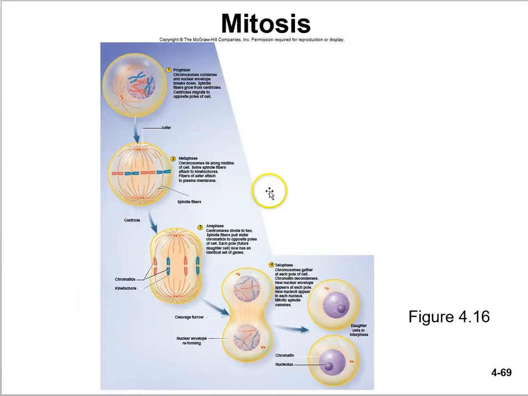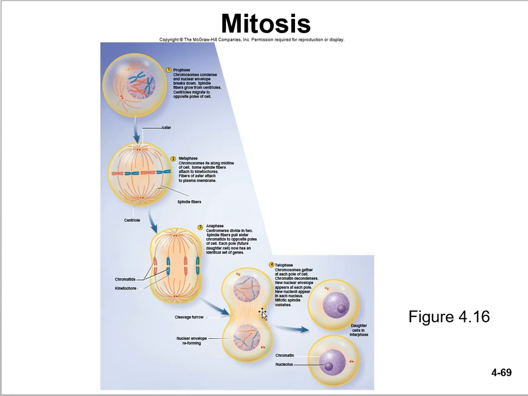Let's go back to this picture and look at this again. We have prophase, we have metaphase. That's maybe one of the most easily distinguishable phases of mitosis, where we see all of the chromosomes lined up at the equator. Then we see them pulled apart during anaphase, kind of like they're being lassoed and pulled forward.